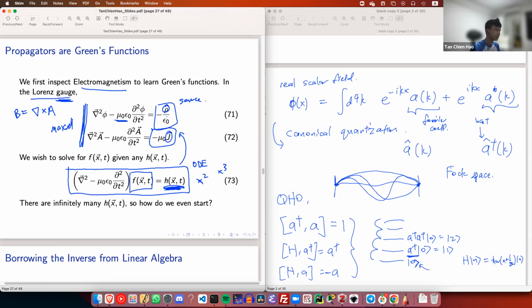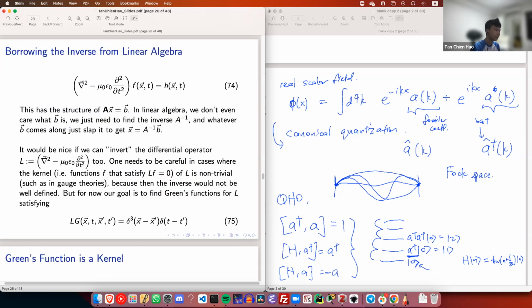What is nice about it is that this has the form of Ax equals b in linear algebra. I give you a matrix A, and I want you to find some column vector x that you don't know, and I give you the things on the right.